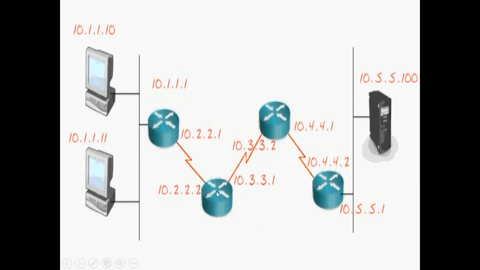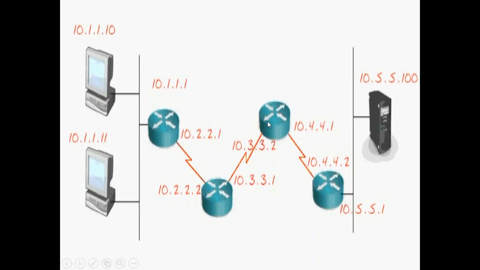So when the packet reaches here and jumps to the next hop, we'll talk about the whole concept of hops when we get into network management one. It will broadcast here and say, I would love to send this to 10.5.5.100, can you assist me? And the packet will come to this router, and the router says, yes, I know, because within my routing table, I have a network that has 10.5.5.1.